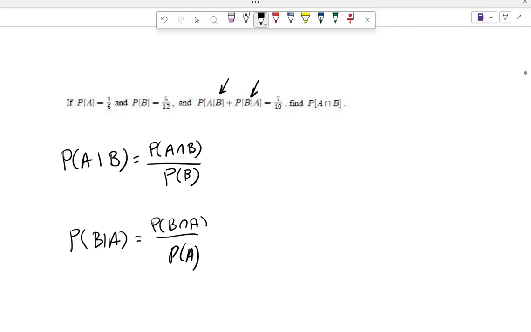What I want to notice here, though, is, are these numerators really different? No. A and B, B and A, same thing, right? So if I go back up to the equation that they give us, you'd have probability of A intersect B over 5/12, right?